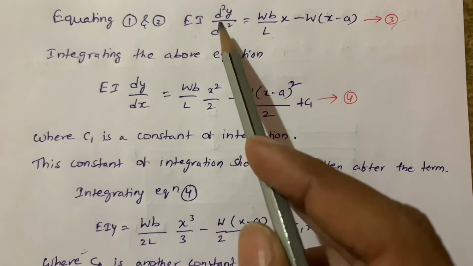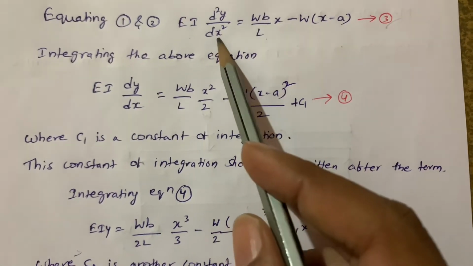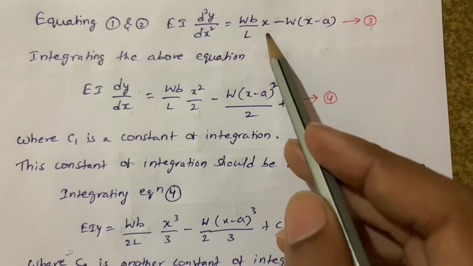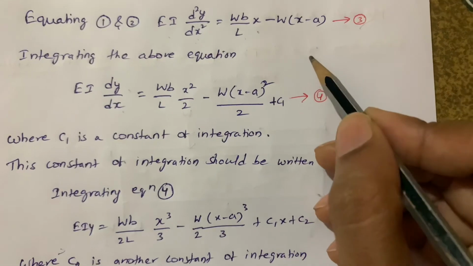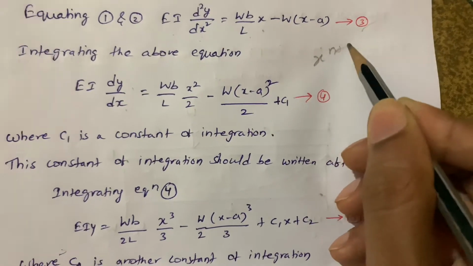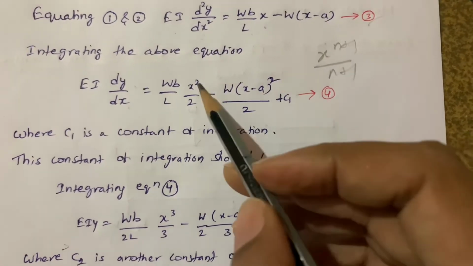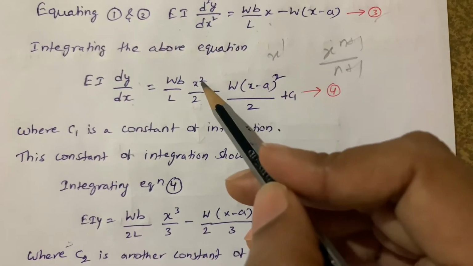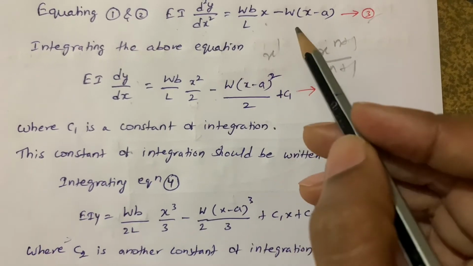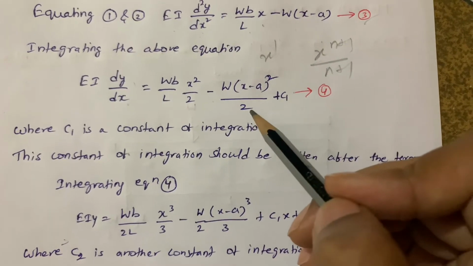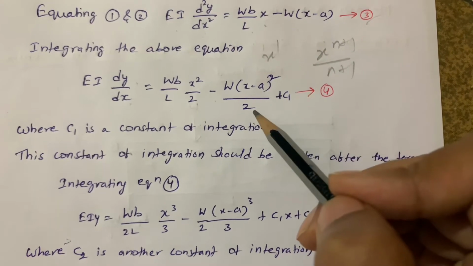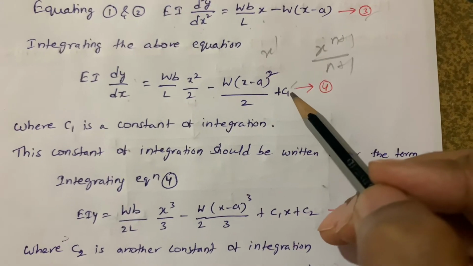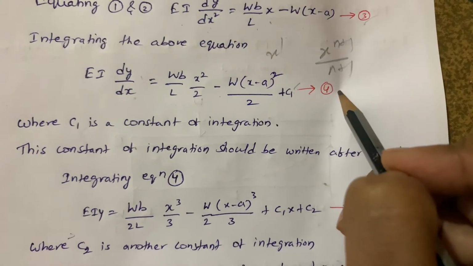Integrating EI d square y by dx square gives EI dy by dx equal to Wb by L into x square by 2 minus W into x minus a whole square by 2, using the formula x power n plus 1 by n plus 1, plus a constant C1, the integration constant. I am considering this as the 4th equation.